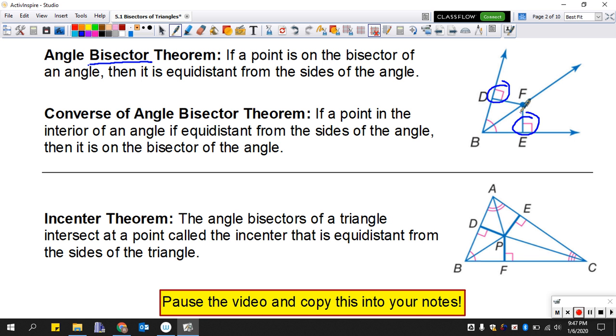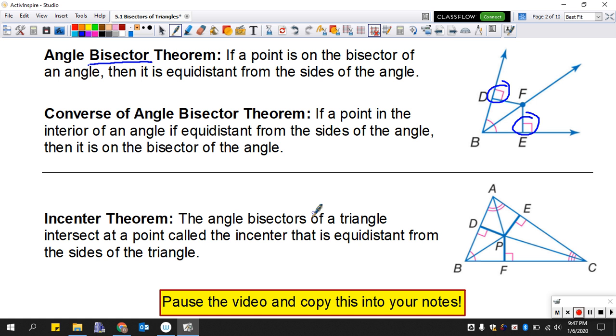From a right angle at the side up to the angle bisector is going to be the same for both sides. The converse says that if you have a point that's on the interior of an angle and it's the same distance from both sides, then that point is on the angle bisector.